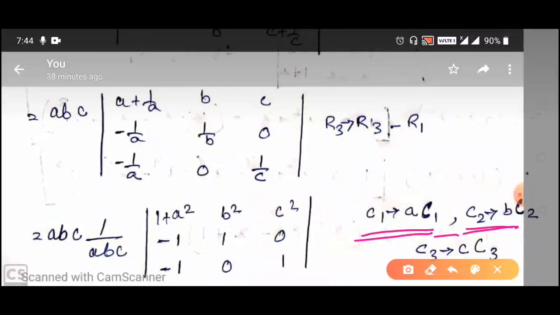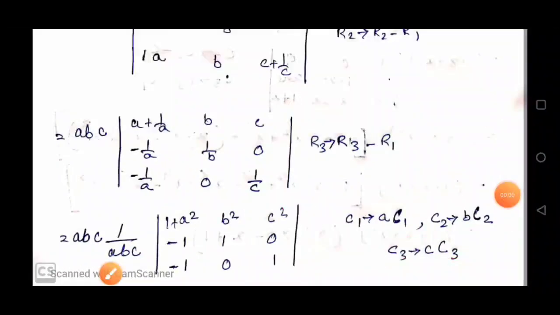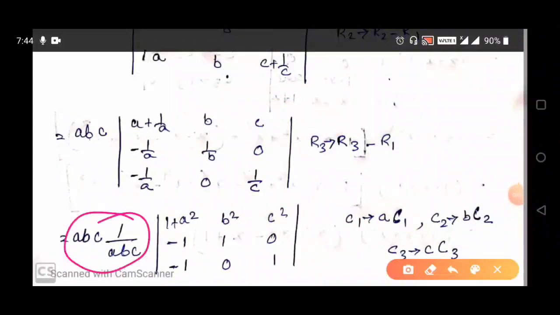Since we are multiplying each column by A, B or C, we have to divide the determinant by A, B, C. So here we have given 1 by A, B, C outside and we have multiplied column 1 by A, column 2 by B and column 3 by C. So outside it will become 1.